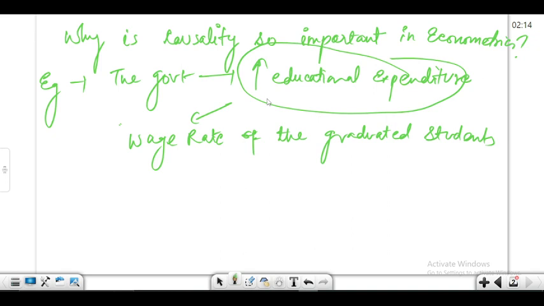We try to check the causality, whether increased educational expenditure is causing a rise or fall in the wage rate of the graduated students. So causality becomes really important, and it helps us check the relevance or validity of a policy measure that might have been launched by the government or any other institution.